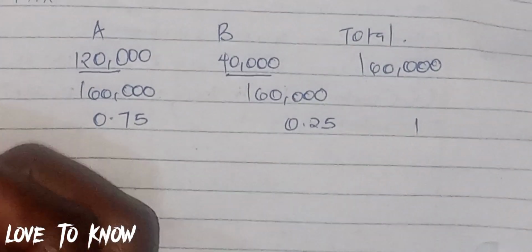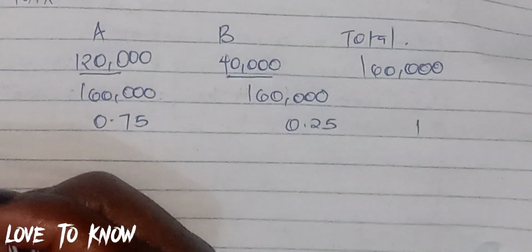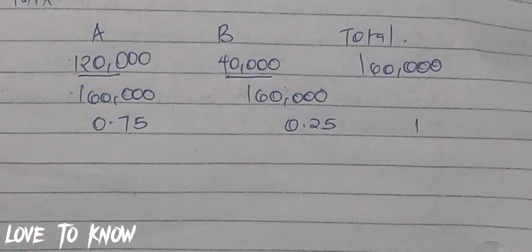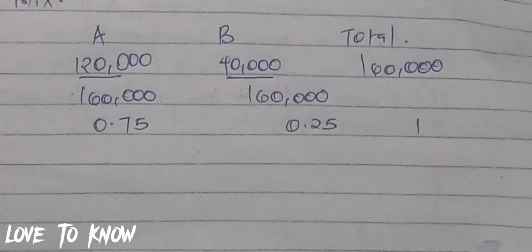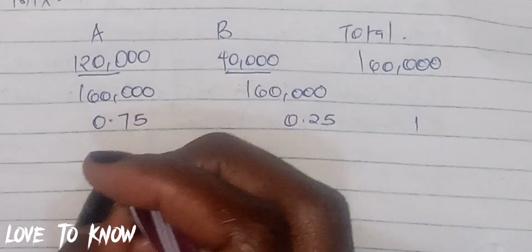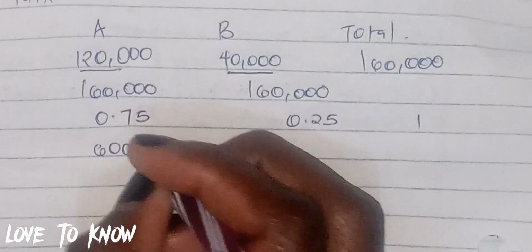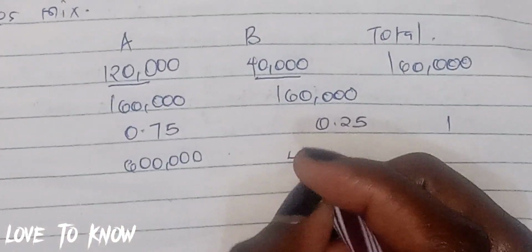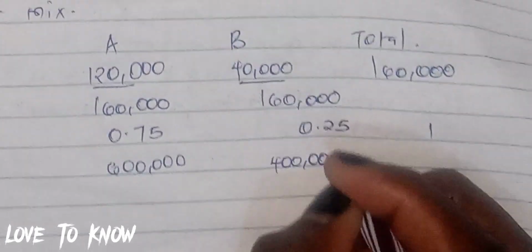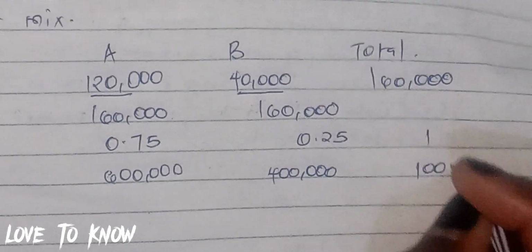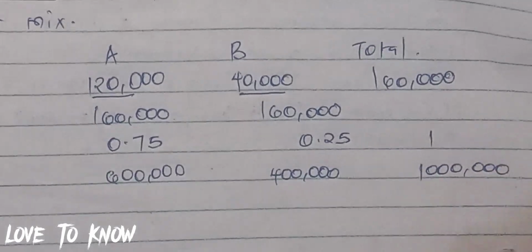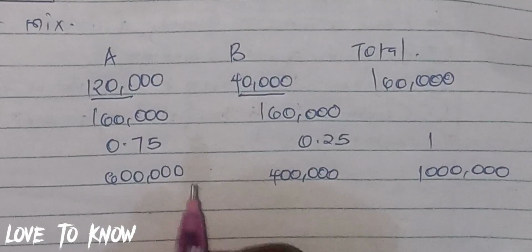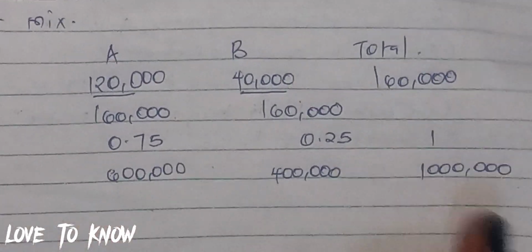In shillings, we were given the sales at 5 shillings and at 10 shillings. For product A, it was 600,000 and for B, it was 400,000. The total amounted to 1 million. Our sales mix is acquired by dividing these values by the total.